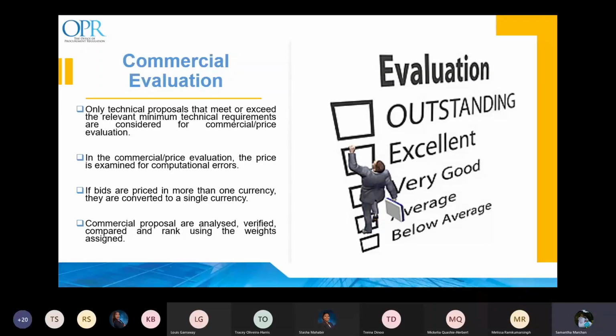Also, for comparative purposes, if the bids are priced in more than one currency, they are converted to a single currency for evaluation. The exchange rate used should be consistent with the source specified in the bidding documents. Finally, the proposals are analyzed, compared, and ranked based on the evaluation method being used.